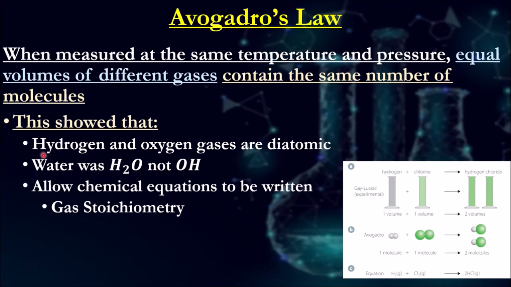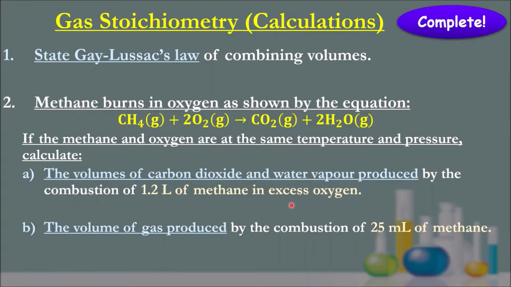Next, we also know from that fact that hydrogen and oxygen are diatomic, so they come in pairs. We also know that water's formula was H2O, not OH, which allowed for balancing chemical equations. This is really the main point of their observation: we can work out that balancing equations needs to be done in whole number ratios.